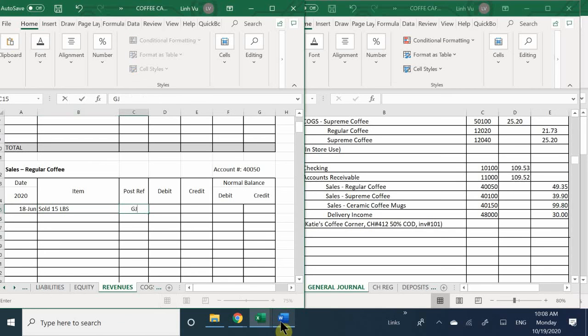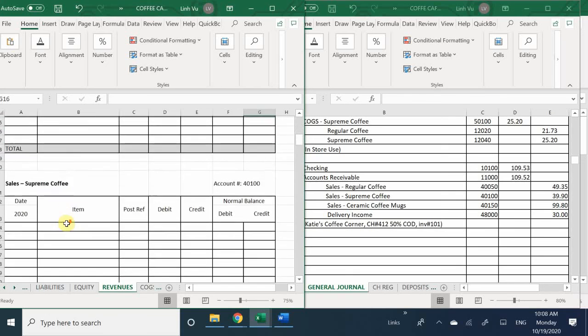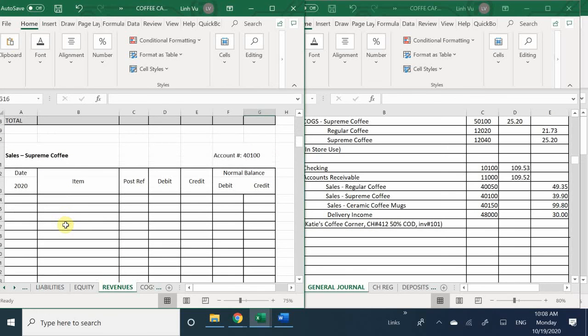General Journal number 7. And how much am I going to credit my account for? $49.35, bringing my beginning balance to 49.35.